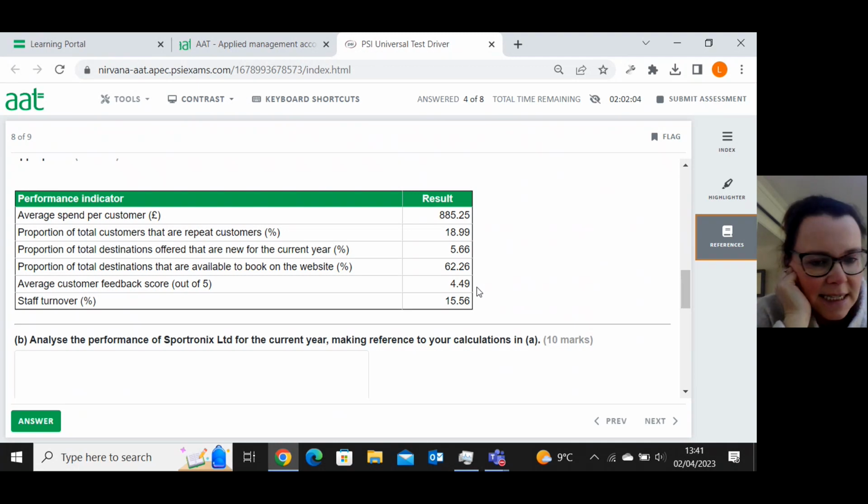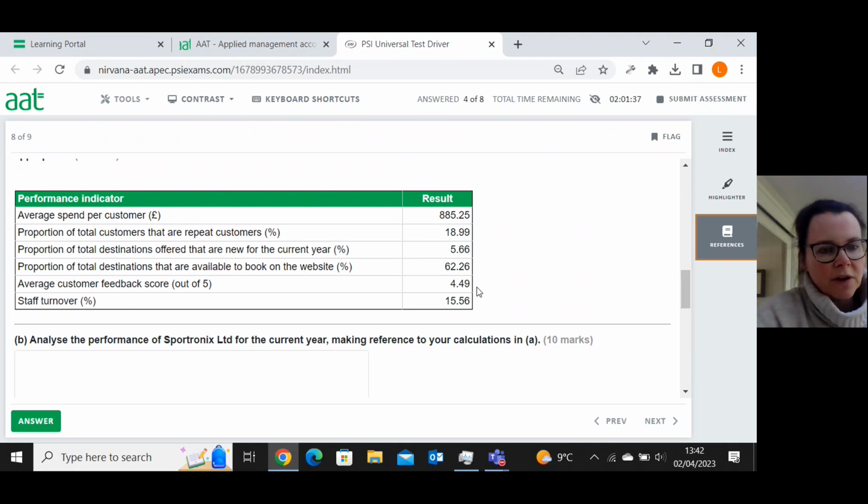Analysing the performance, I'm not going to type this out because the AAT suggested answer to this one is quite clear. To get the high marks, it says at least 5 ratios are considered. To gain the highest mark, each of the ratios must have a minimum of 2 relevant comments.